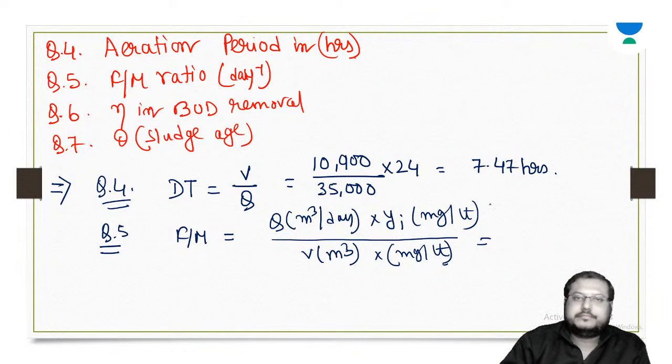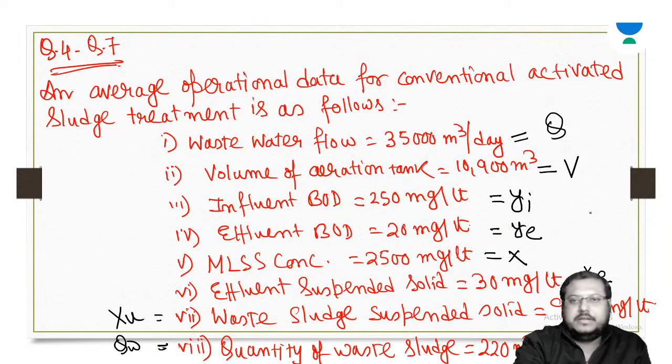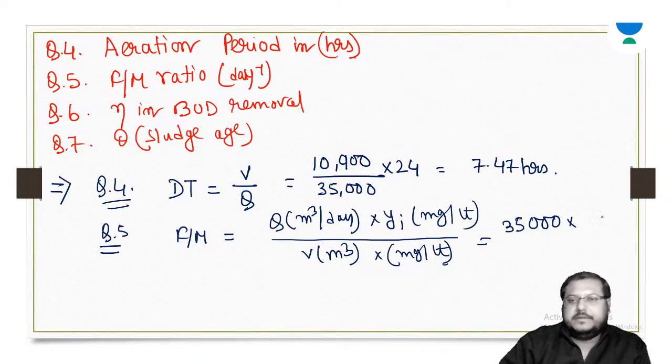So Q is 35,000 meter cube per day, given directly. Yi value is given as 50 milligram per liter.